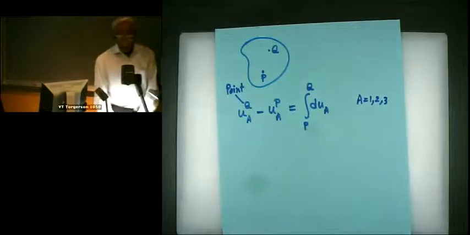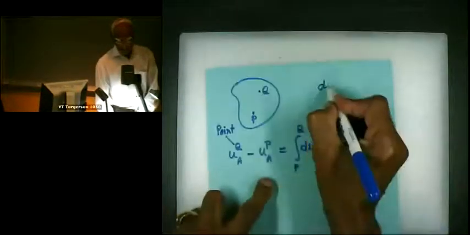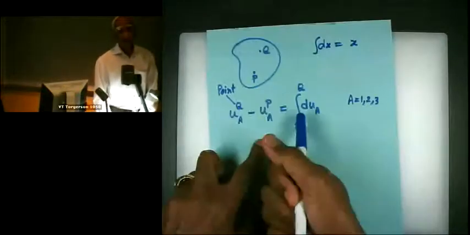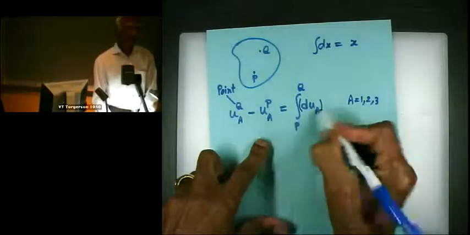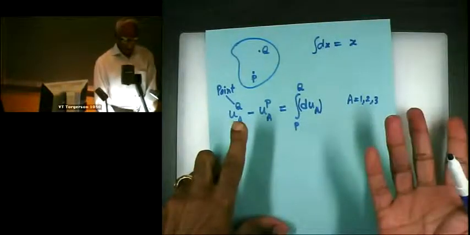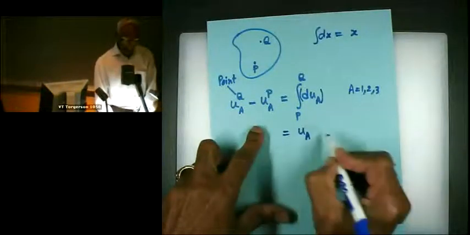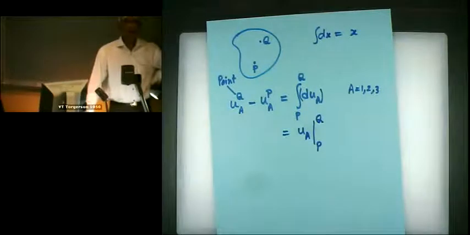If you integrate dx, you get x. So if I integrate the differential dUA, I should get UA, evaluated at the limits. My limiting points are P and Q. Does it make sense?